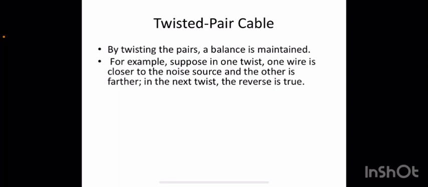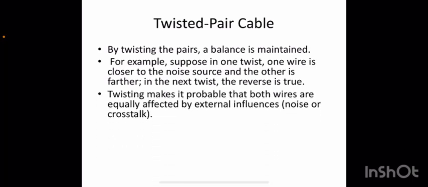Like that, in alternate twists, the distance will change, right? And in effect, at the receiver, when we take the difference between these two wires' signals, almost the effect of noise will be cancelled out. We will receive a signal almost the same as that sent by the sender because of this twisting. That is the benefit of twisted pair.